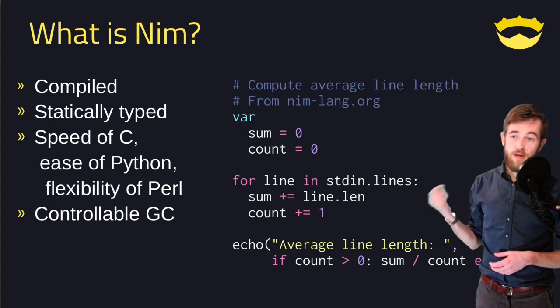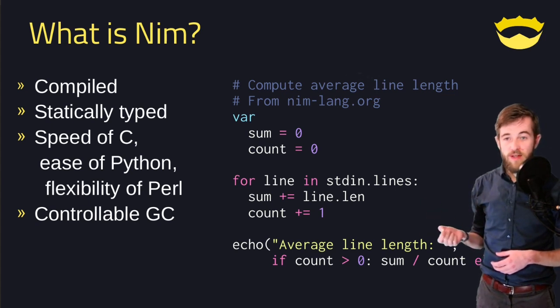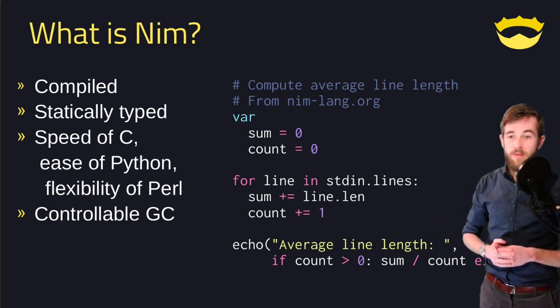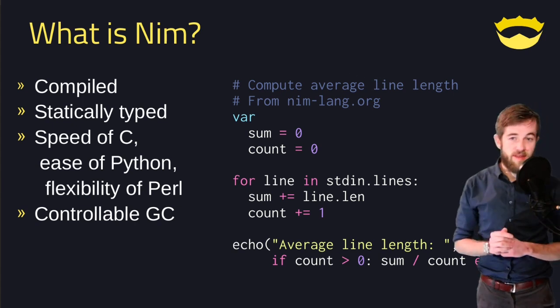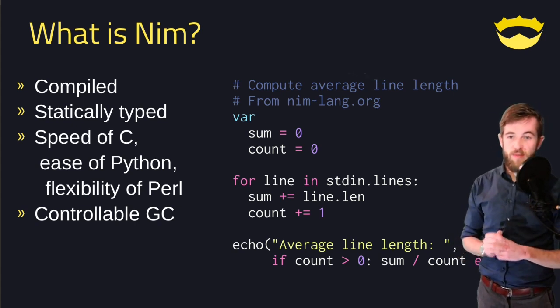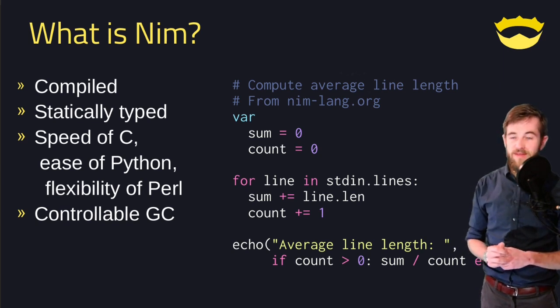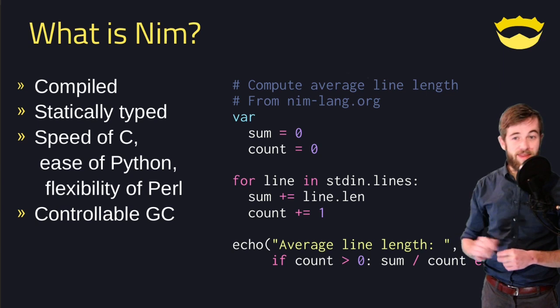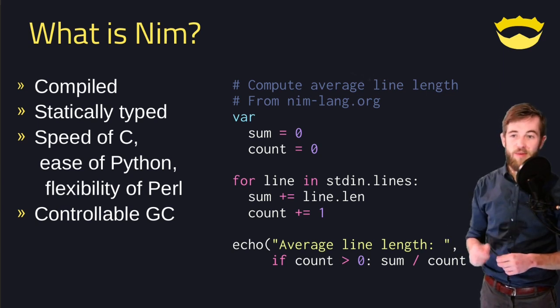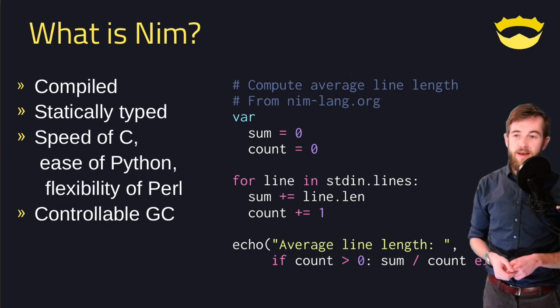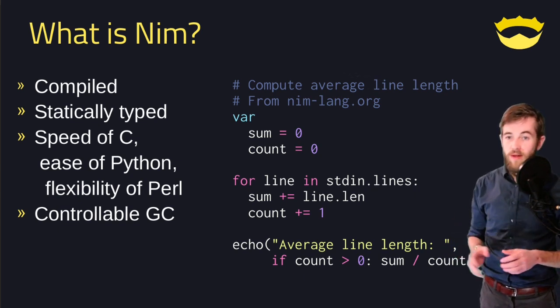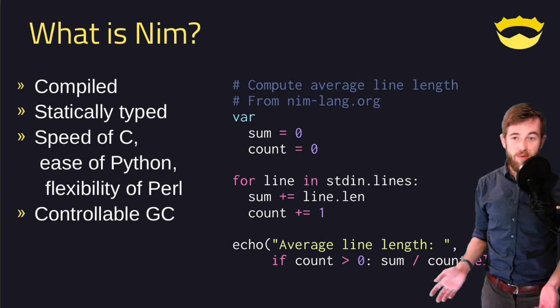It also has a controllable garbage collector. Last time I was at FOSDEM, I said that we couldn't run the garbage collector on microcontrollers. That was a year ago, and I'm happy to announce that now we can run the automatic reference counting garbage collector on these targets as well. So now we have the full standard library.